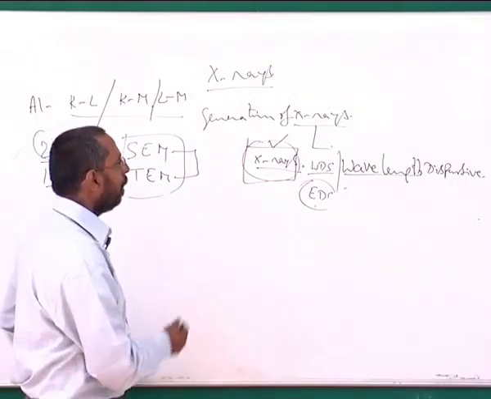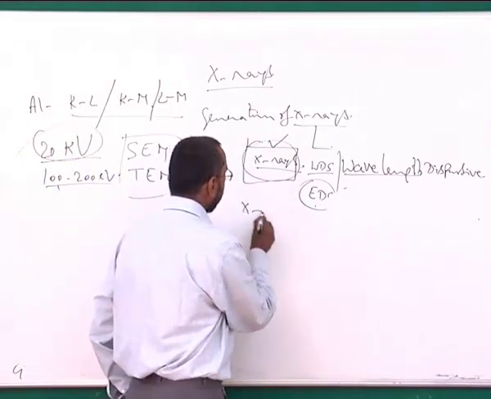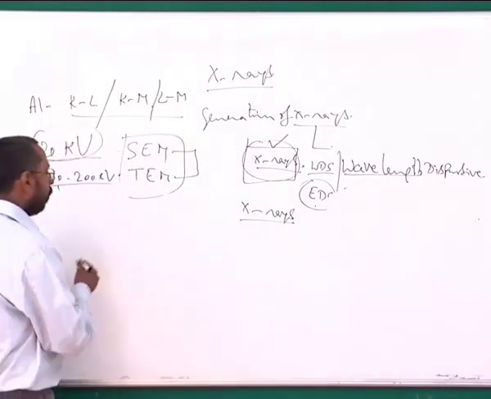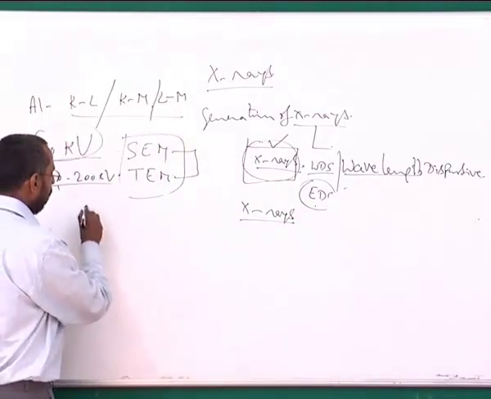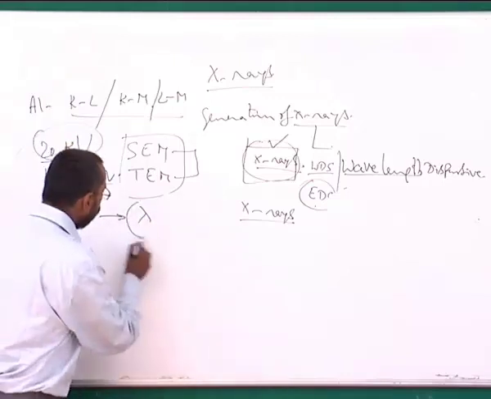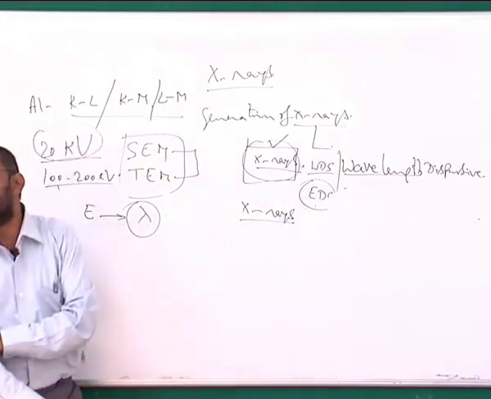The principle used here, as I told you, is the way you detect these X-rays. Once I know the X-rays coming out have a fixed energy, that means they have a fixed lambda, I can in principle use this lambda to detect which X-rays are coming out.